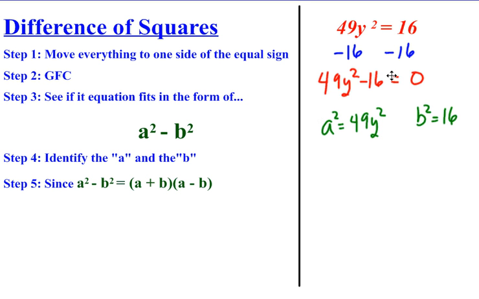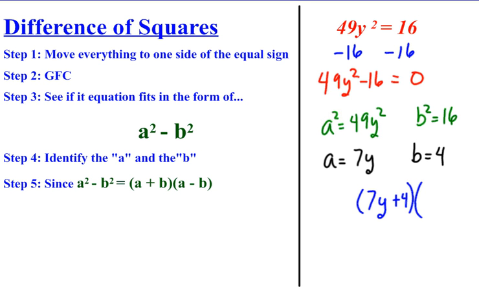So in order to find just a and just b, I need to take the square root of each. So the square root of 49 is 7, and the square root of y squared is just y. The square root of 16 is just 4. So that gave us our identify the a and b. Step 5 is to plug it into our formula. So we know that in the first parentheses, it's a plus b, so 7y plus 4.